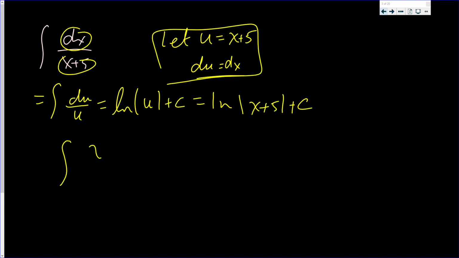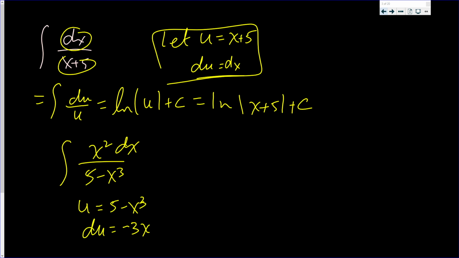Suppose you have the integral of x squared over 5 minus x cubed dx. This is also going to result in a log. How about we let u equal 5 minus x cubed? Well, then du will be negative 3x squared dx. Well, I have the x squared dx.